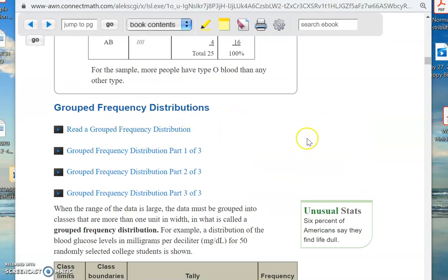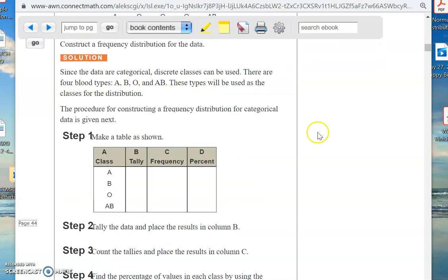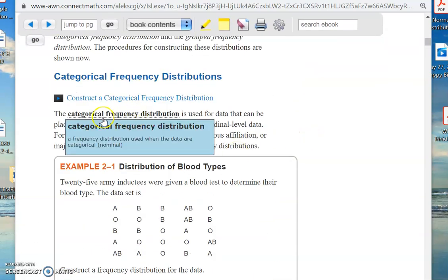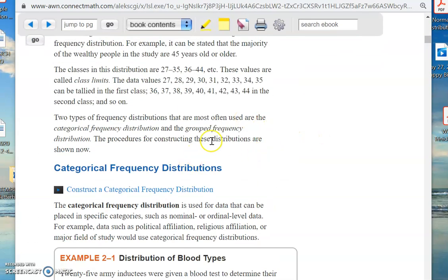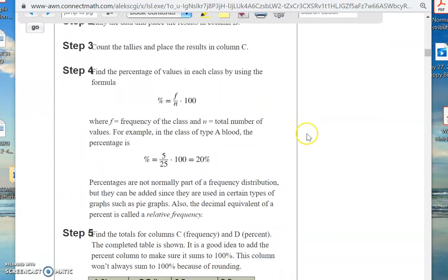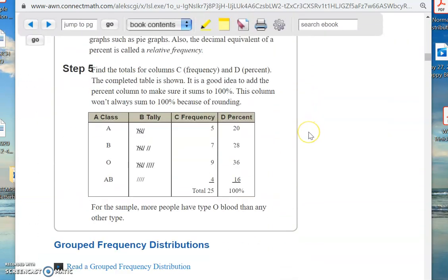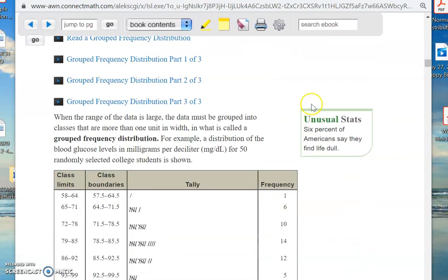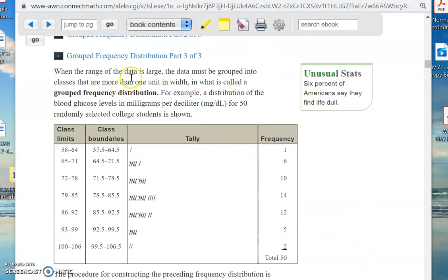Now this is called grouped frequency distributions. So this is categorical. Categorical is one of the common ways. Grouped frequency distribution is the other common way. The idea here is that sometimes the range of the data can be very large.